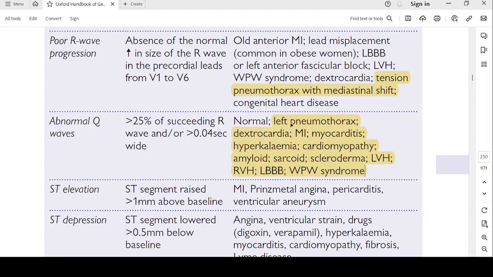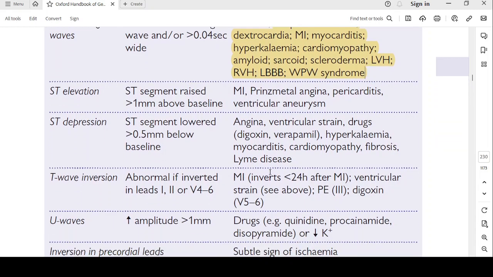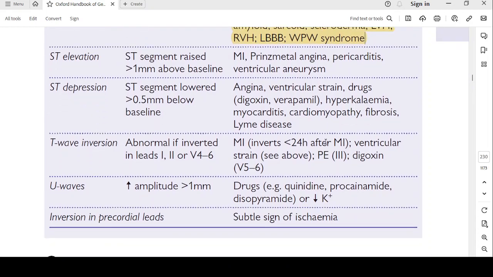MI is an important condition. Myocarditis can have a small Q wave. Okay, so when we discuss these particular syndromes, at that time we will remember more.